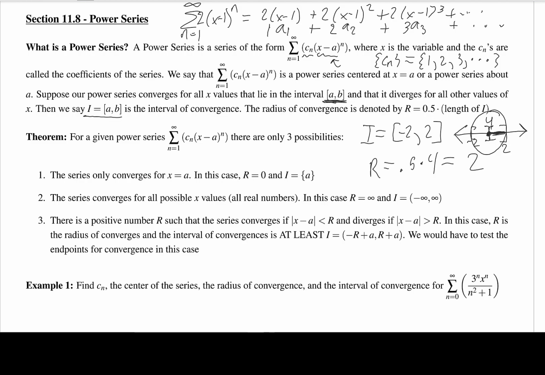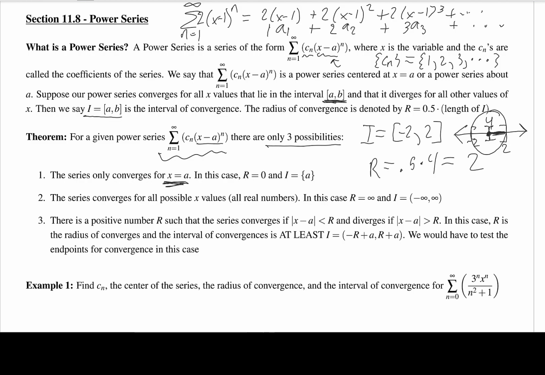Now, when you're given a power series, there's only 3 possibilities. One possibility is that this power series will only converge for one specific value of x. In this case, we say that the series only converges for x equals a, right? We know that because here we would have 0 to the n, so that's just 0, times our coefficient, so we have 0.